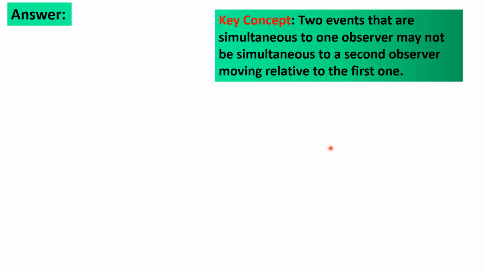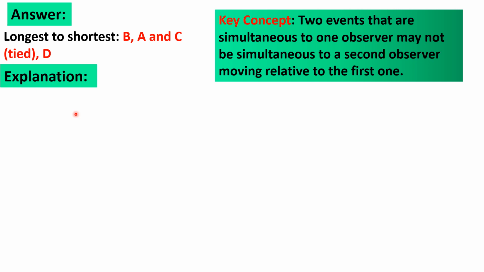But our answer for this particular question, arranged from longest to shortest, we have statement B, followed by statements A and C, which are both tied, and the shortest is option D. Why is this so?